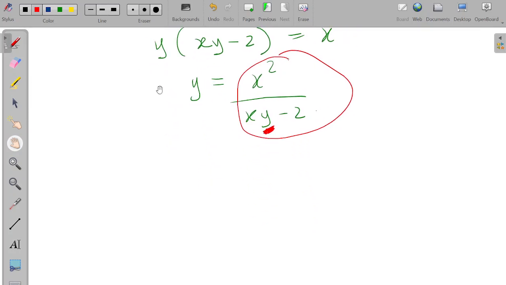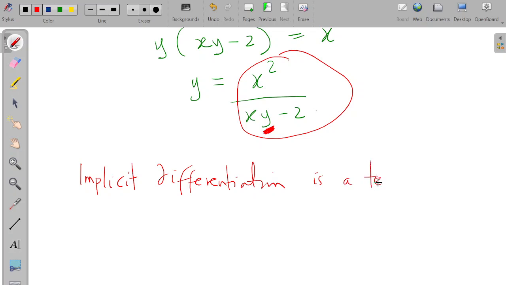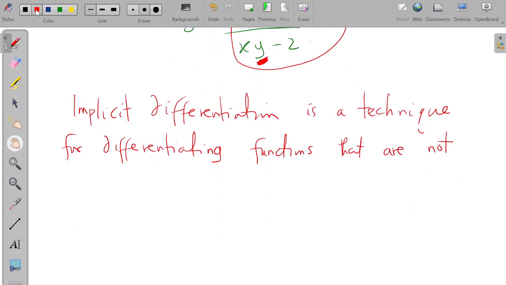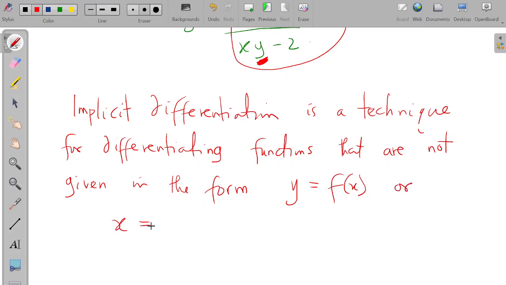Implicit differentiation is a technique for differentiating functions that are not given in the form y equals f of x or x equals f of y.